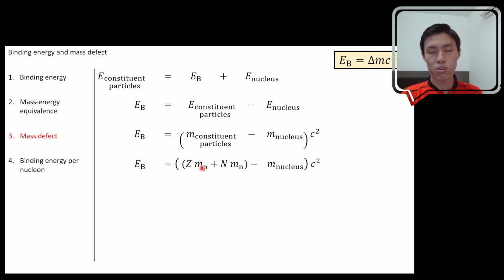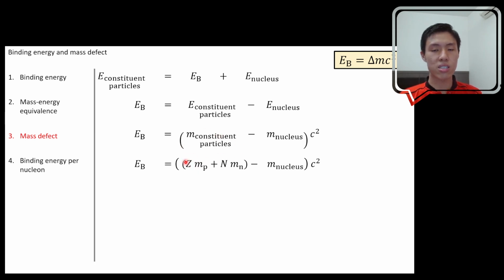So mass of proton, it's a defined value. We can find it from the constant sheet for our syllabus. Mass of neutron is also a very specific value, which you can find from our constant sheet over here. So if you are able to know for that nucleus how many protons there are, how many neutrons there are, we can get the mass of constituent particles.